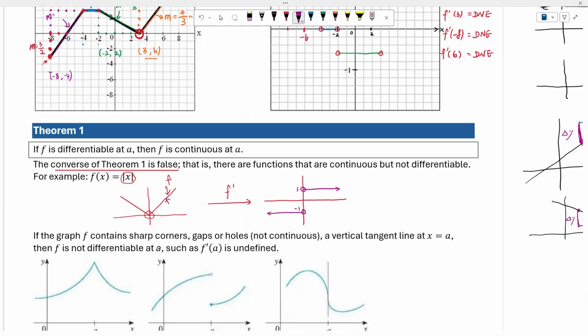Because the slope of the function to the right hand side is 1, and the slope of these functions on the left is -1, right?